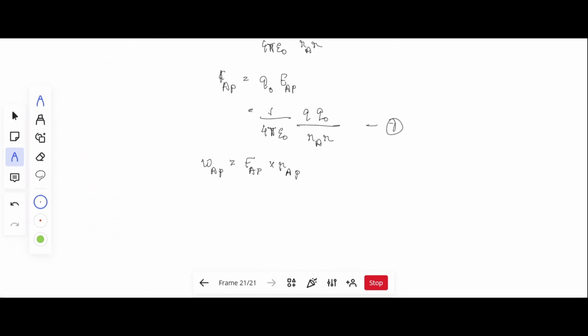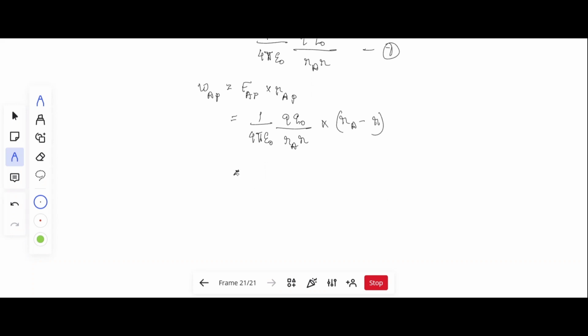So, substituting this 1 by 4 pi epsilon naught Q naught by RA into R, and RAP is RA minus R. Simplifying, we get 1 by 4 pi epsilon naught Q naught.